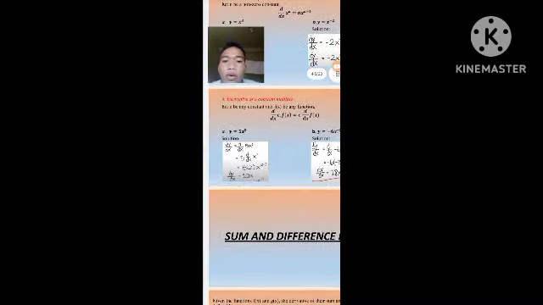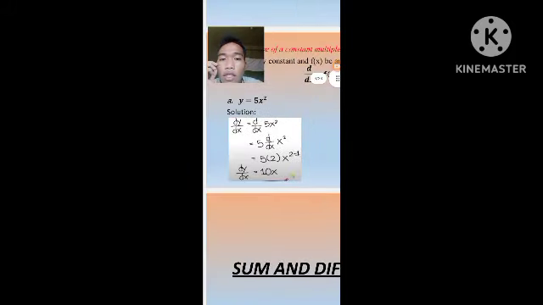So we have an example of y equals 5x squared. So dy over dx equals d over dx of 5x squared, which equals the constant 5 times d over dx of x squared.